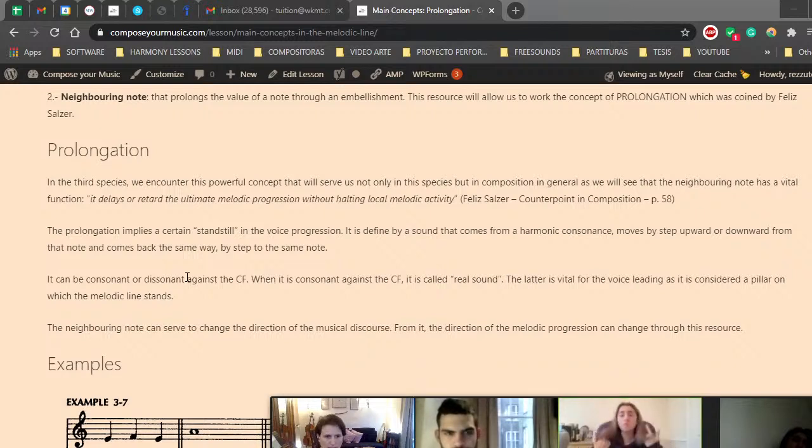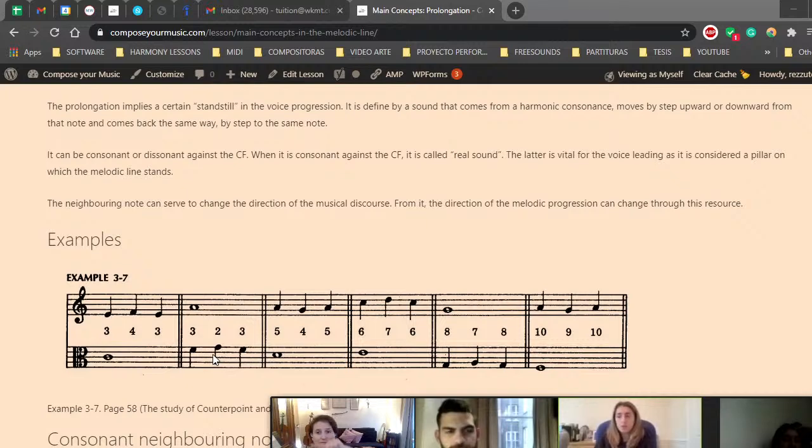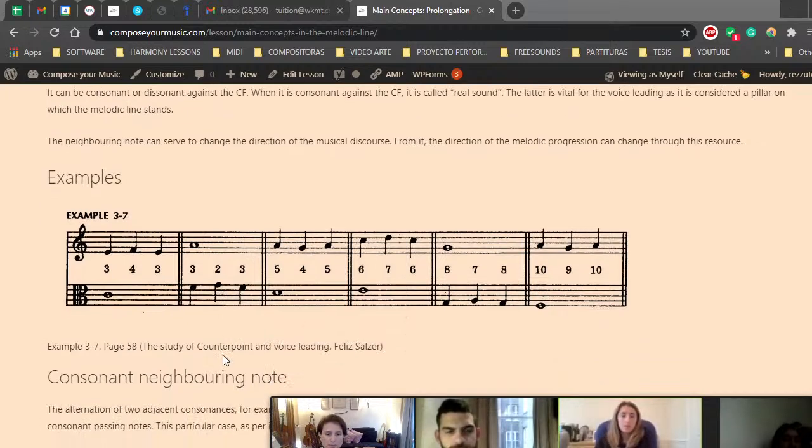So it's called a real sound. The latter is vital for the voice leading, as it is considered a pillar on which the melody line stands. The neighboring note can serve to change the direction of the musical discourse. From it, the direction of the melodic progression can change through this resource. It's a very good resource to change the melodic pattern.